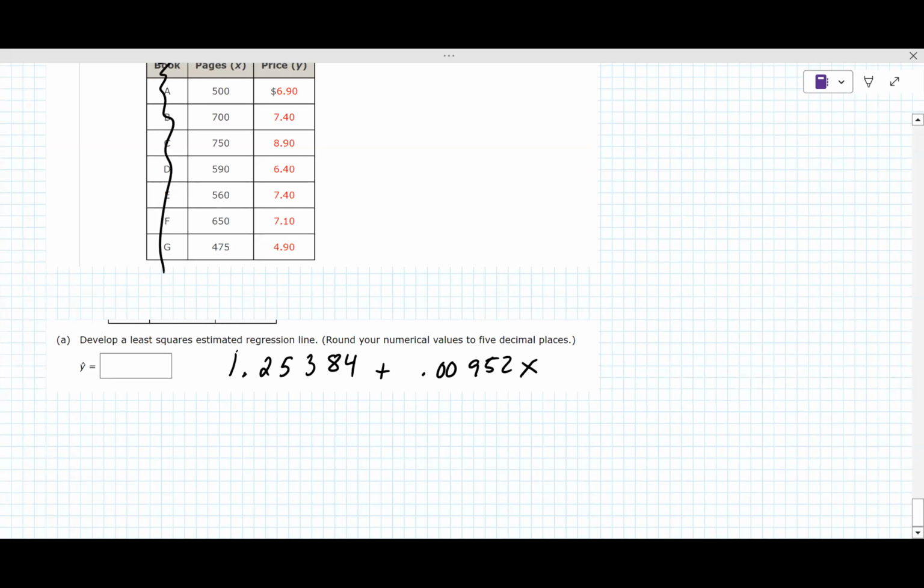Just type it in just like that. Yeah, that's right. Okay, fantastic.